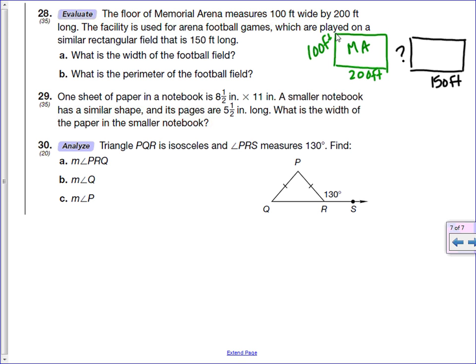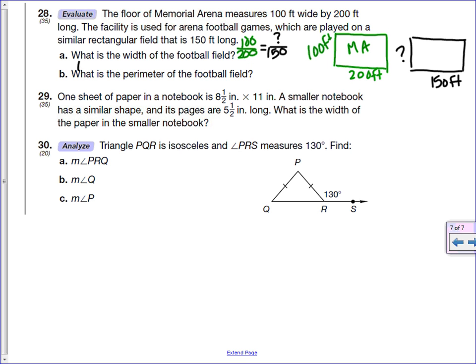So we can set up a proportion. We have Memorial Arena is 100 wide by 200 long. And then we have the football field, which is, we're not sure how wide, and 150 long. So we can cross multiply and divide.